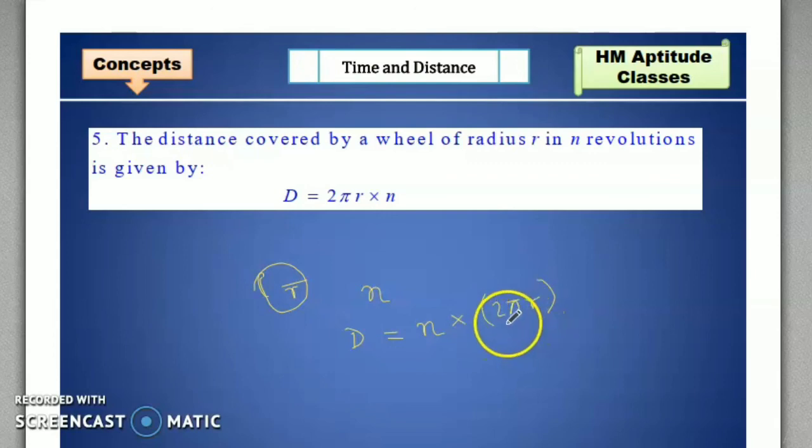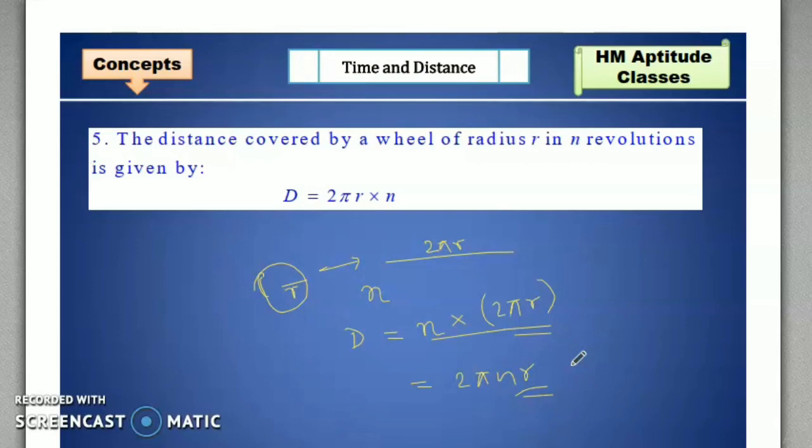So 2 pi r is the length of the circle when it is in a straight line, and each revolution's distance will be 2 pi r. While the circle is revolving n times, you multiply it by n. So the total distance covered for n revolutions by a circle of radius r will be 2 pi n r. So these are the formulas that can be used for solving different problems in your exam related to time and distance.